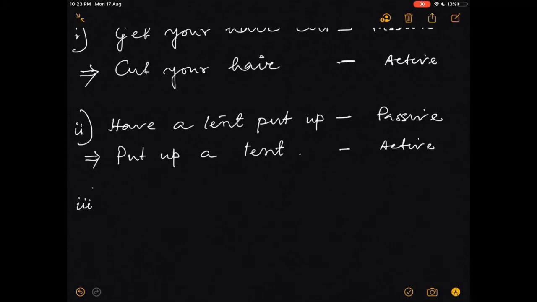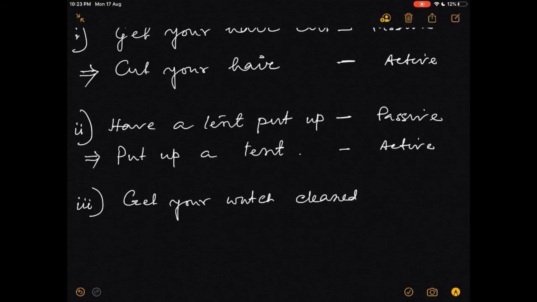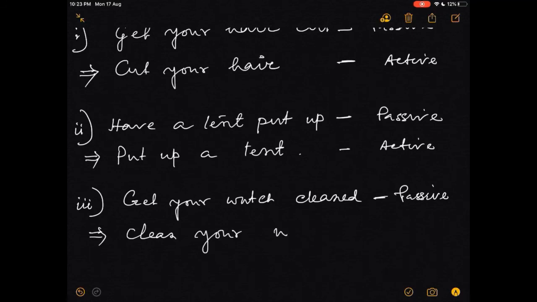Number 3, get your watch cleaned. Passive. Its active is clean your watch.